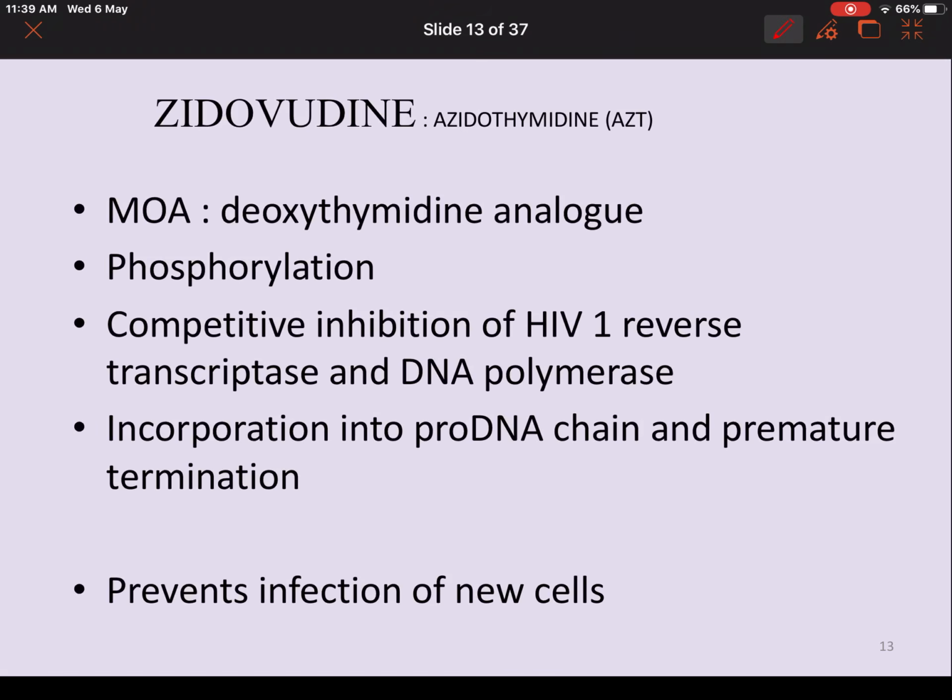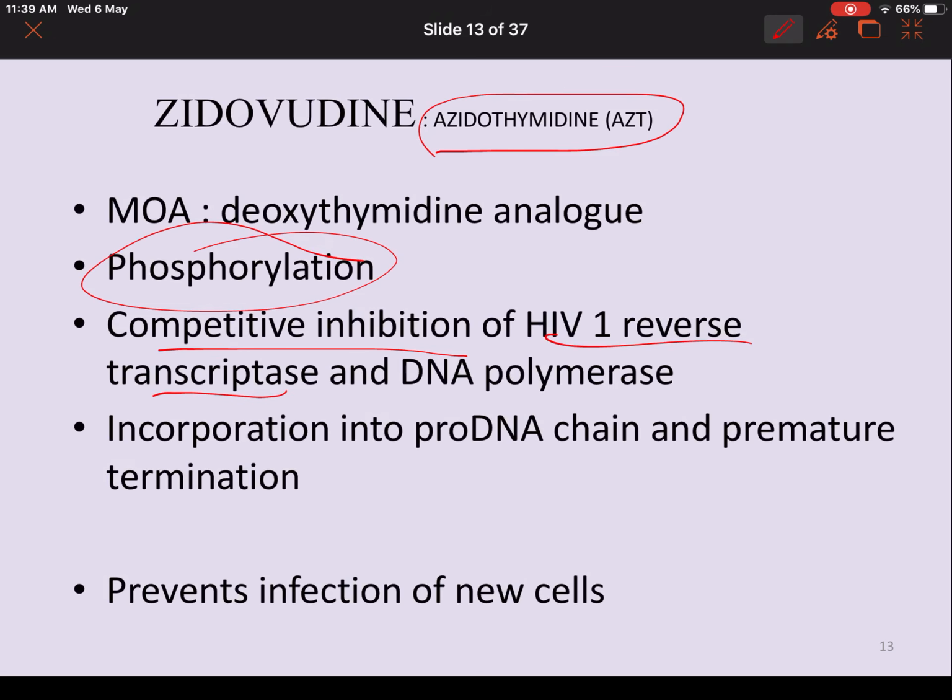First, similar to our non-retroviral drugs, zidovudine is first activated. So it is phosphorylated 3 times: monophosphate, diphosphate and triphosphate. This competitively inhibits HIV reverse transcriptase and DNA polymerase.